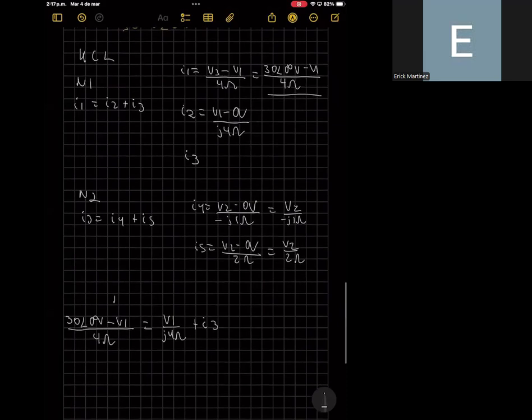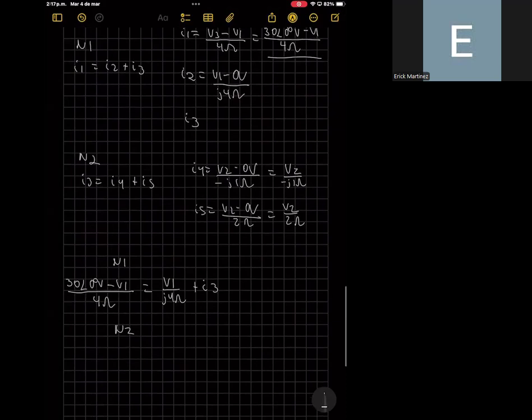This is for node number 1. And for node number 2, we have I3 that is equal to I4, that in this case is V2 divided by minus j 1 ohm, plus V2 divided by 2 ohms.